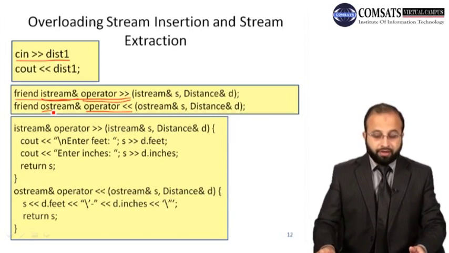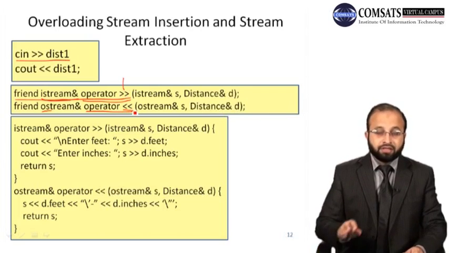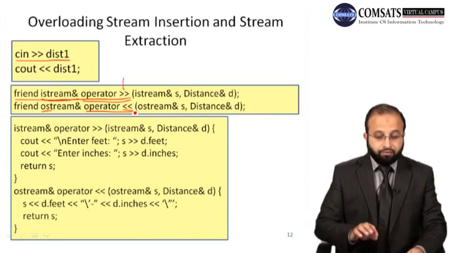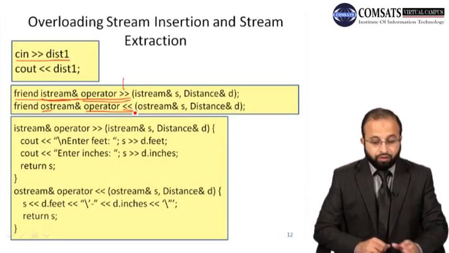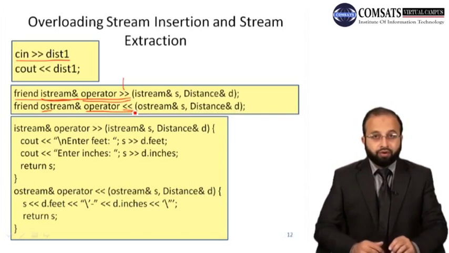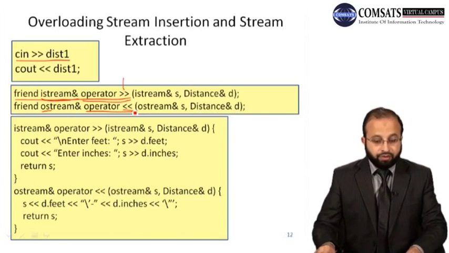So greater than operator is a bitwise right shift operator, and this is the bitwise left shift operator, and these operators are already overloaded for this istream and ostream class, right? Now we are again overloading these operators for our class as well, so that we can perform statements like cin and cout, less than, greater than dest 1.